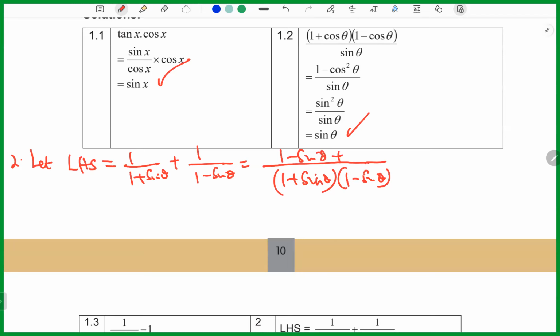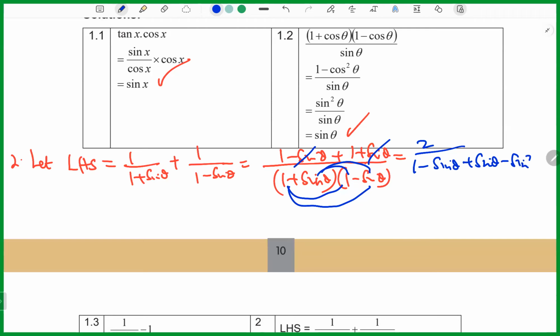This one divided by 1 minus sine, you get 1 plus sine. So the minus sign cancels out, giving us 2 divided by. In the denominator, you multiply 1 by 1, you get 1. 1 by minus sine, you get minus sine theta. The sine by 1, you get plus sine theta. And the sine by minus sine, you get minus sine squared theta.